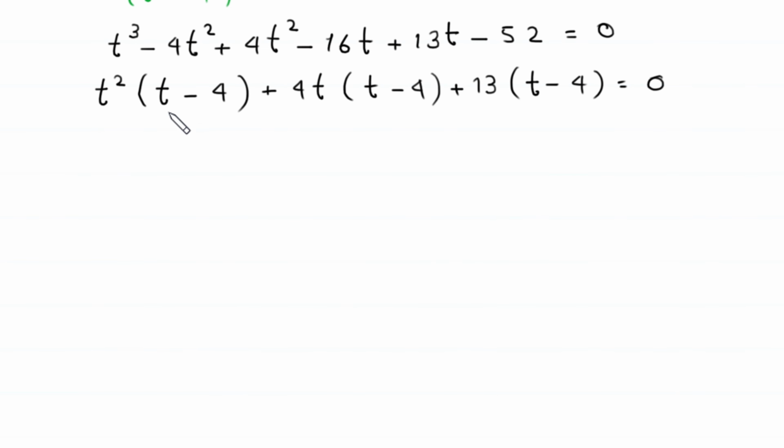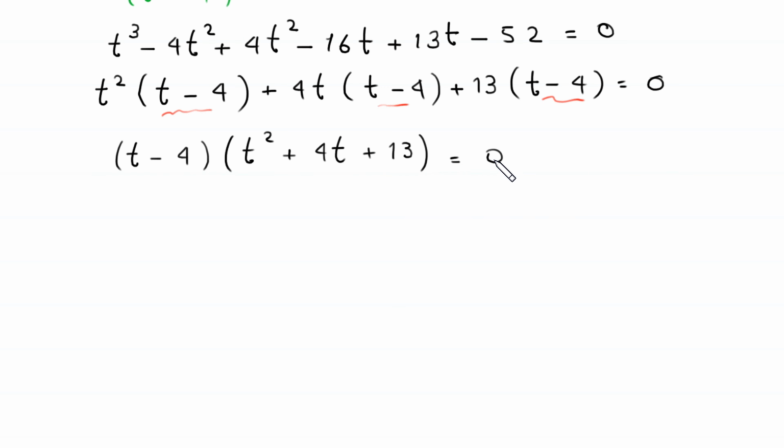Now as you can see, this expression t minus 4 is a common factor, so we factor out this t minus 4, and in bracket left t squared plus 4 times t plus 13 is equal to 0.